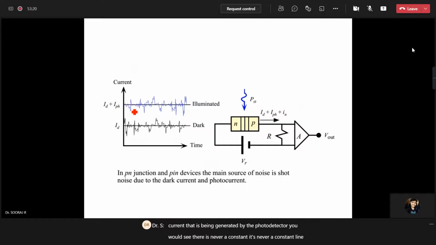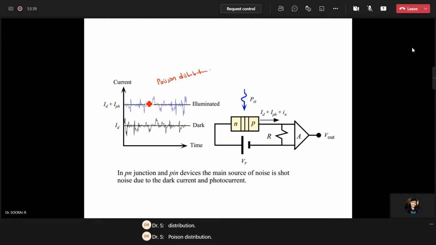Rather, it keeps on varying in a random fashion. Not really random. If you closely examine the distribution in which the photons are being emitted, you would see that they always follow the Poisson distribution.